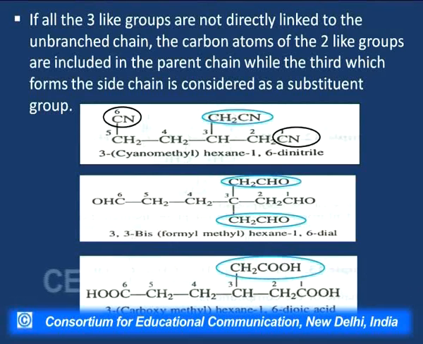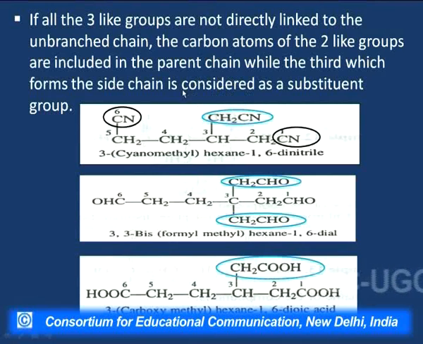But in this case again I have 3 cyano groups here, and one of the cyano groups is not attached directly to the parent chain. In that case what we've done is we've taken this as a substituent group and we are naming this as cyanomethyl group. Is it clear?